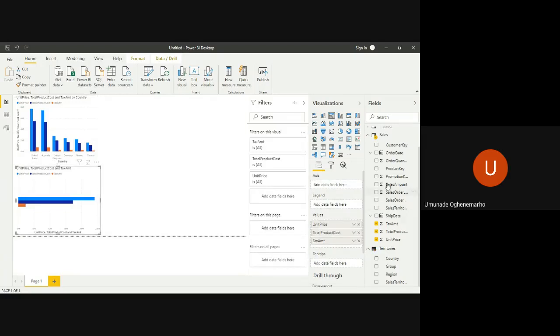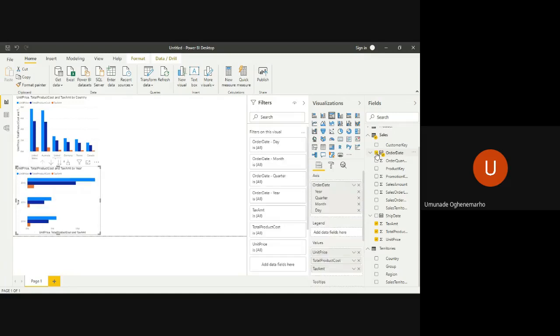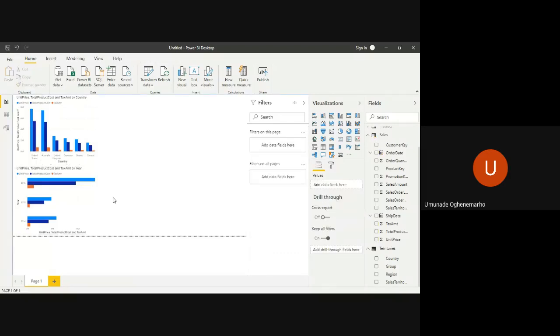But this time we'll be grouping it by, say, order date. Now, this will give us a chance to look at a specific function called drill through.